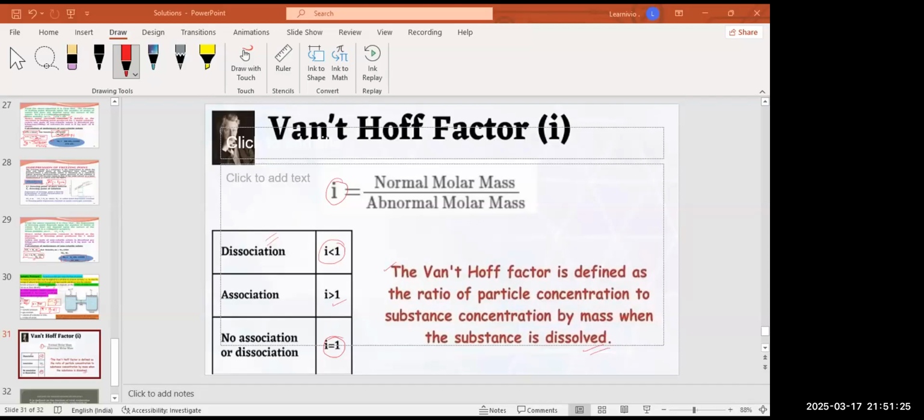Because for glucose there is no dissociation or association. Yes, good. So for that type of non-electrolyte, the van't Hoff factor value will always be 1. Okay, got it? Yes, ma'am.